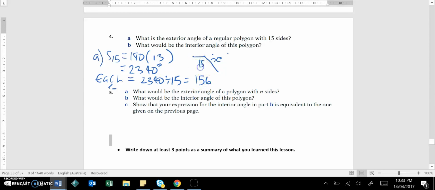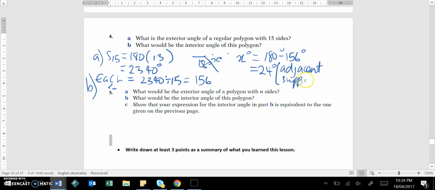So this is 156 in here. And that's actually the answer to part B. So we've done B first, which is cool. So I want to get x. So x is going to be equal to 180 minus 156. And that's going to give me 24 degrees. And my reason for that is adjacent supplementary angles. Cool.